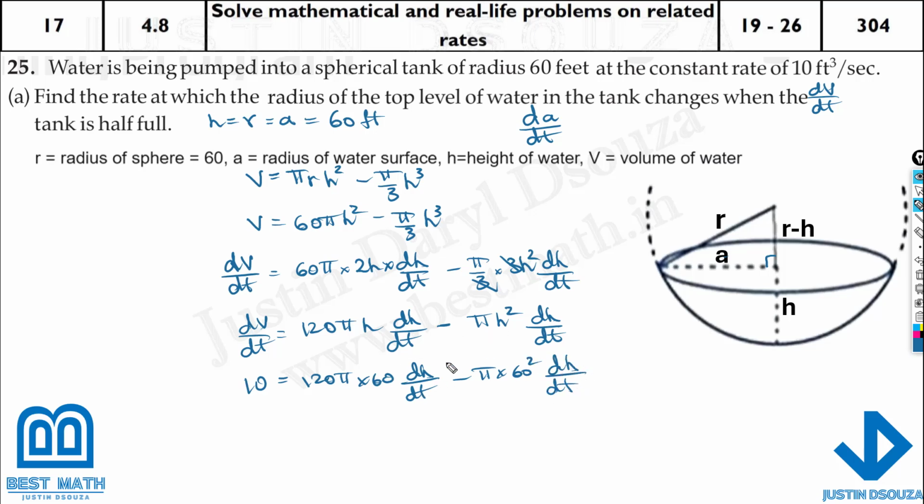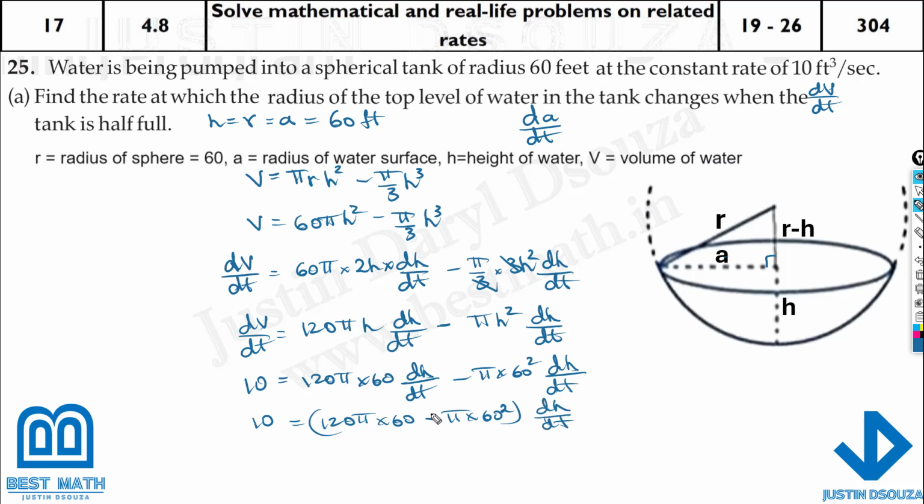I'm just going to take dh by dt common outside, and whatever is there, we can take it to the denominator. So it's 120 pi times 60 minus pi times 60 squared. Why? Because I've taken these two common outside. You can take it left side or right side, it's the same.